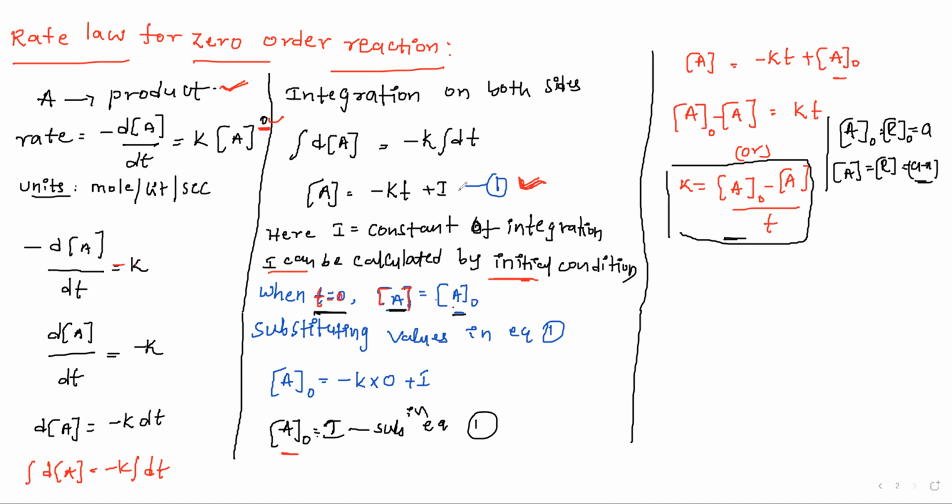So substitute these values here: A naught is equal to minus K times 0 plus I, so A naught is equal to I. Substituting this I value in equation number 1, A is equal to minus KT plus A naught, so A naught minus A is equal to KT. You have to remember these two formulas for calculating the problems. No need to remember the total derivation.